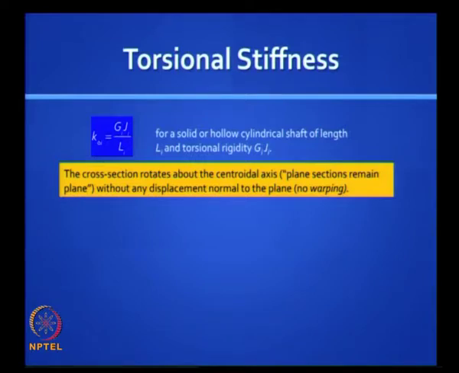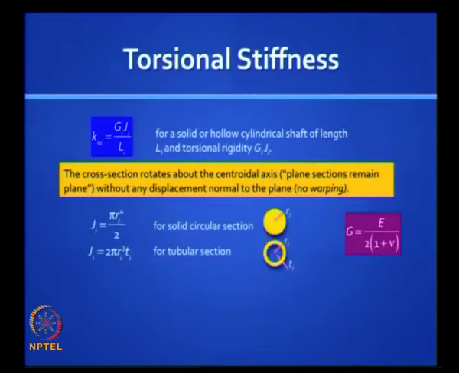Now let us take a look at the 2 perfect circular sections. The polar moment of inertia formulas are very well known. The relationship between shear modulus and elastic modulus in terms of Poisson's ratio is also well known.